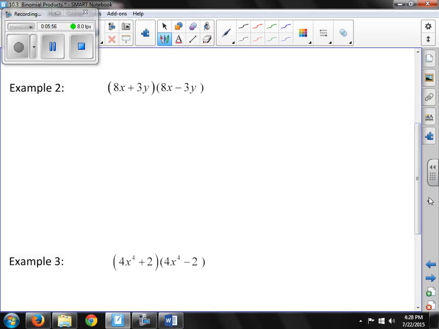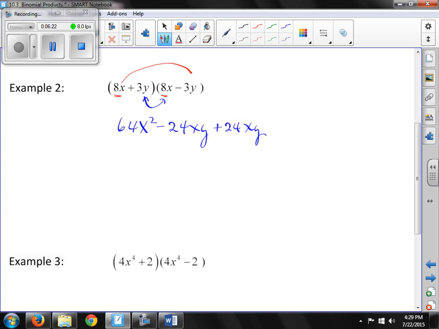Example 2, I have another conjugate pair, so I'm going to multiply the first, 8x times 8x, which is 64x squared, and then I'm going to multiply the outside terms, 8x times negative 3y would be negative 24xy. Then I'll multiply the inside terms, 3y times 8x would be positive 24xy.